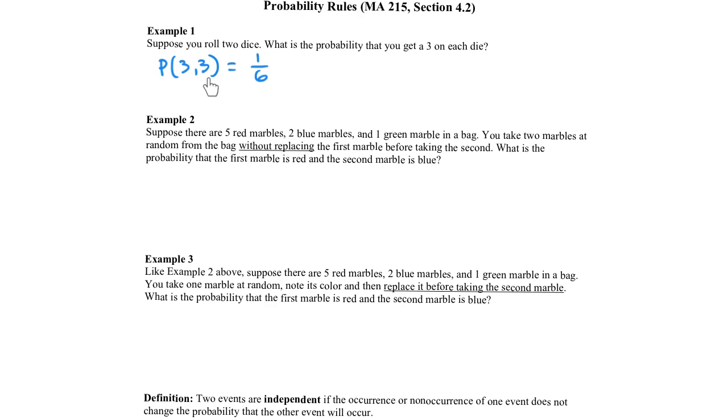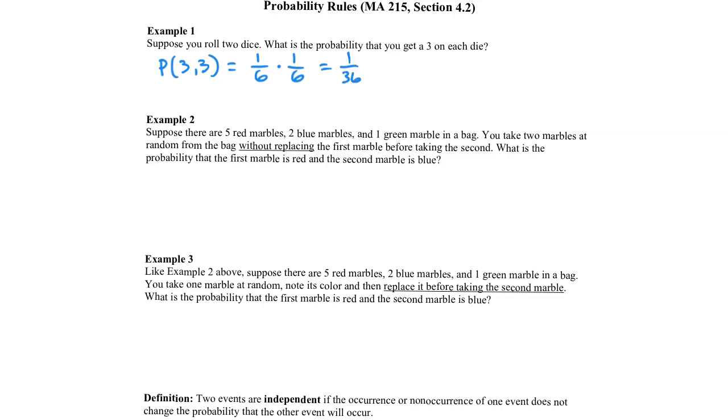The probabilities completely start over again, and it's going to be 1 out of 6. And what we're going to do is multiply here. So we're going to get a 3 on the first one and also a 3 on the second one. We're going to just multiply these probabilities. And when we do that, we get 1 out of 36.